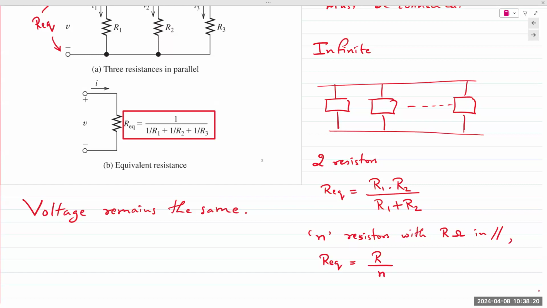It's 1 over 10 plus 1 over 10, 0.1 plus 0.1, 0.2. The reciprocal of 0.2 is 5. 10 divided by N, in this case N is just 2, gives you 5 ohms.